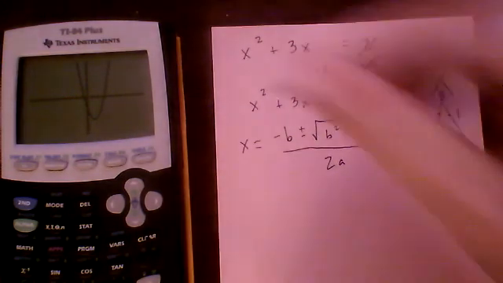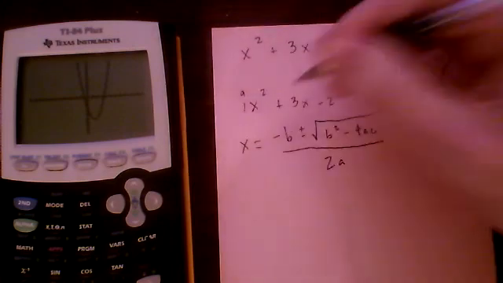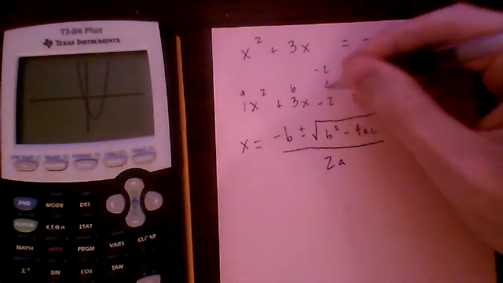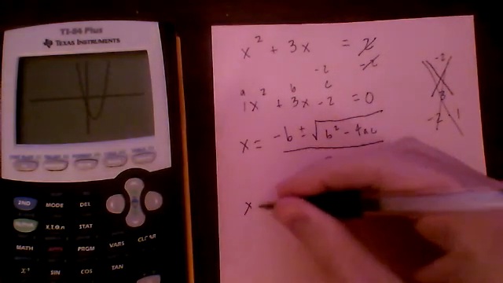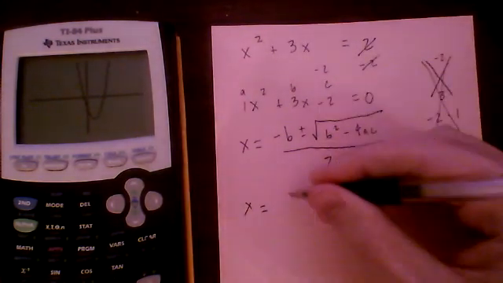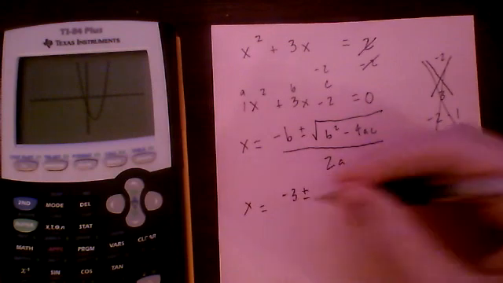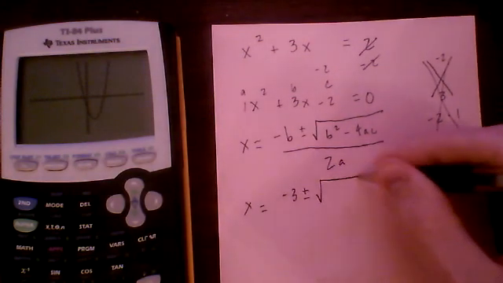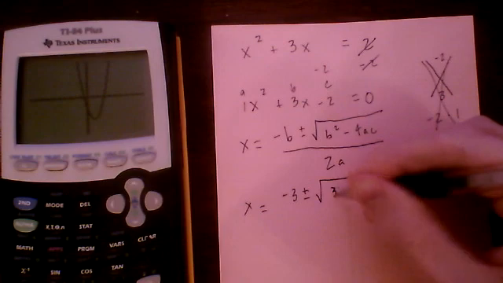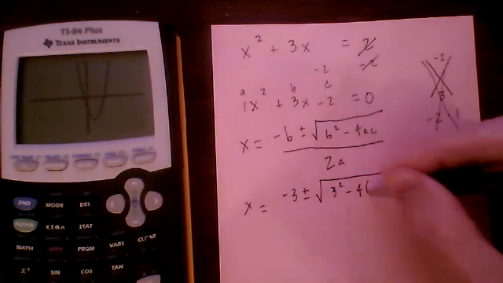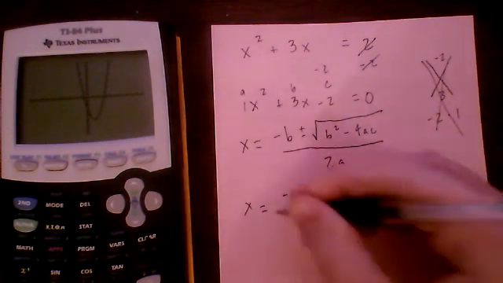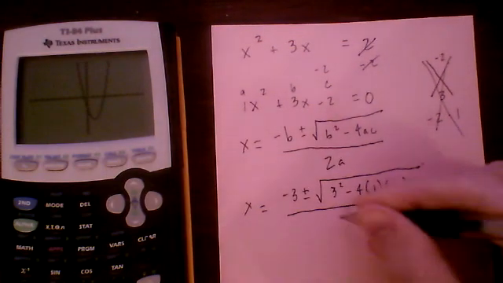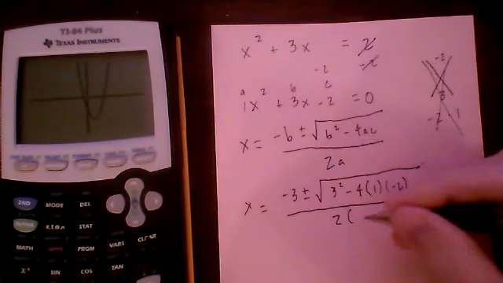Okay, and our a is going to be this 1 up here, our b is going to be this 3, and then our c is going to be negative 2. And then we'll just plug this in and work it out. So the opposite of b is negative 3, plus or minus the square root of 3 squared minus 4 times a, which is 1, times c, which is negative 2, all over 2 times a.